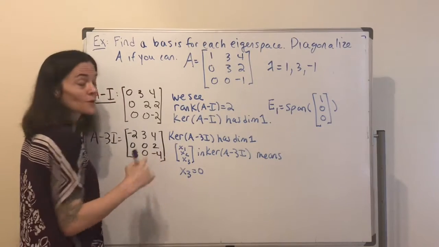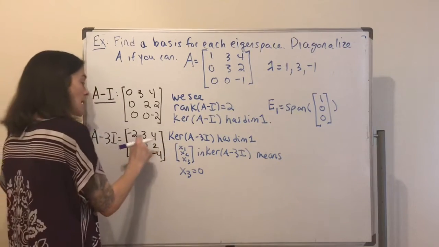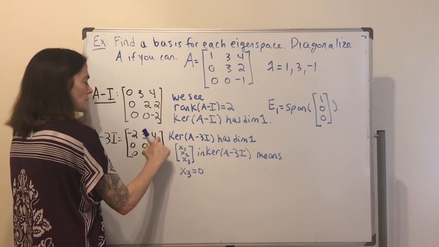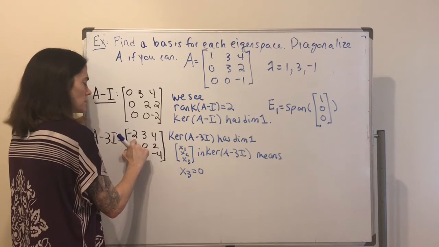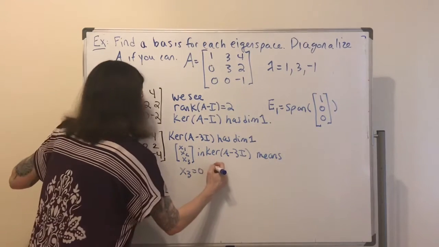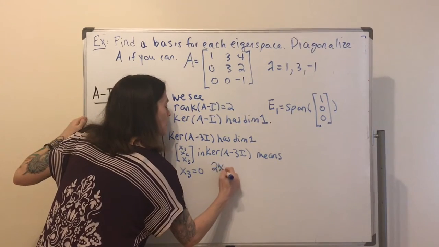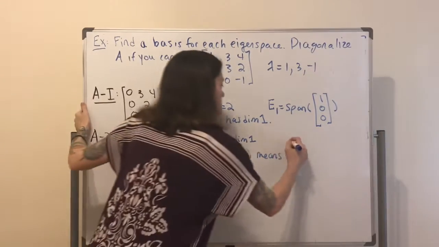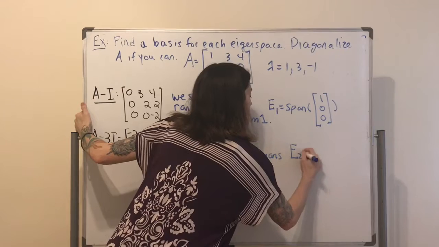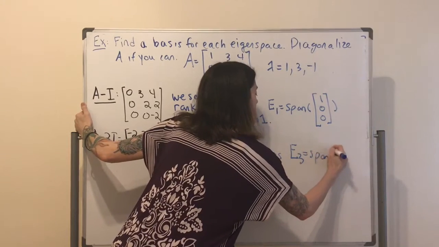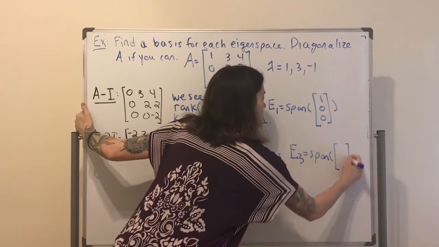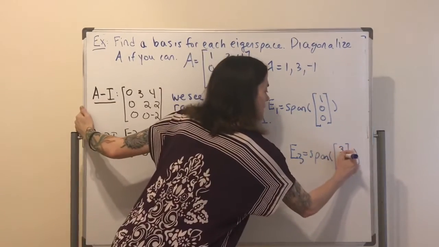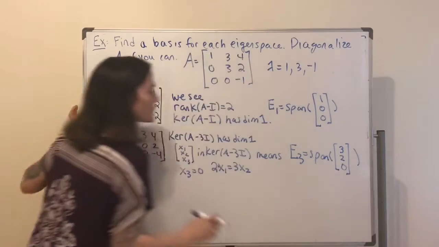Then the first equation says 2x1 is 3x2. So E3 will be the span of this one vector, where I could make x1 3 and x2 2, like this.